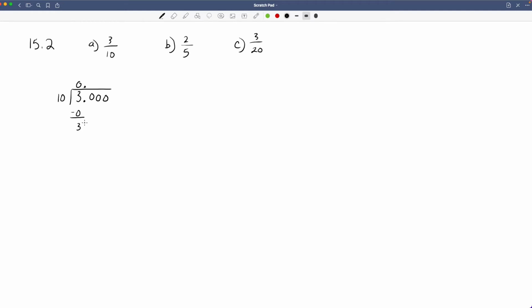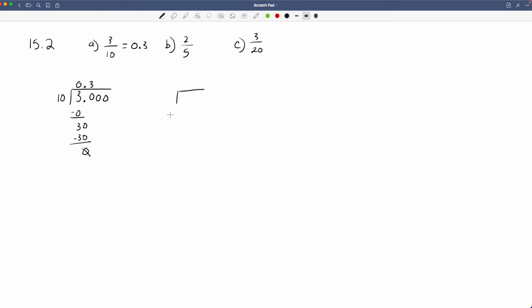Bring down my 3, bring down my 0. 10 goes into 30 3 times. 3 times 10 is 30, and I have a 0 remainder. So the answer here is 0.3. So 3 over 10 can be written as 0.3 as a decimal. Stands to reason, right? Right.